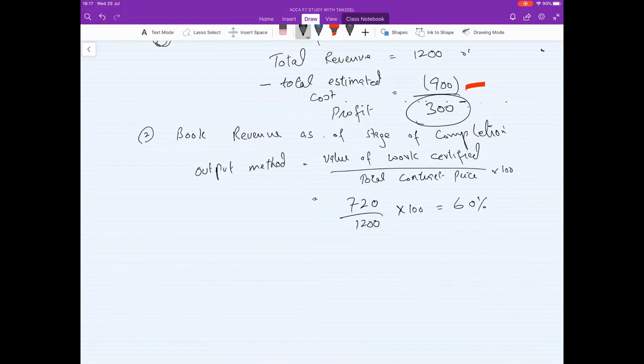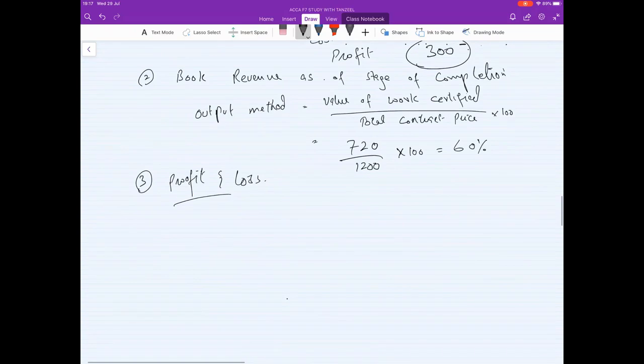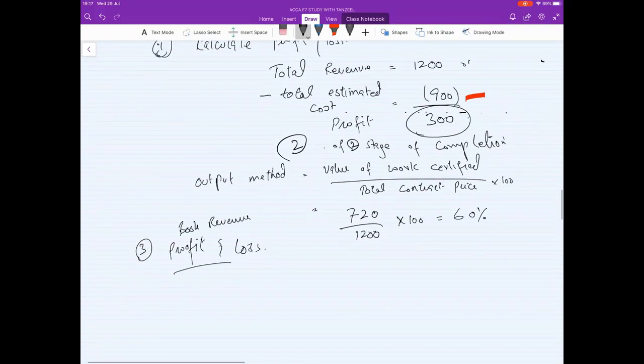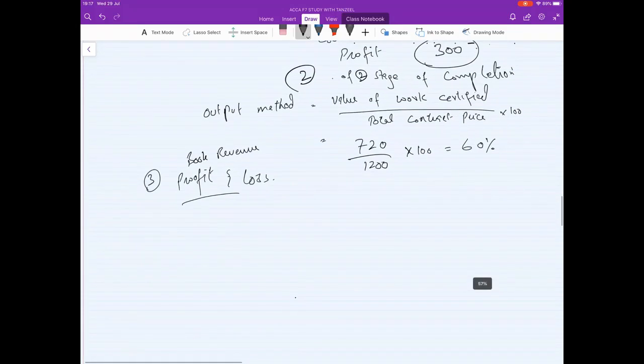So now stage 3, profit and loss. You can book the revenue as per the stage of completion. The second stage is stage of completion, the third stage is booking revenue or profit or loss. 60% work done means we can take 60% of revenue and 60% of cost.